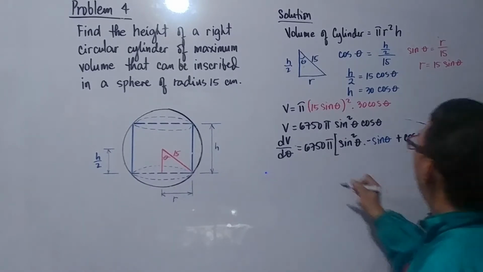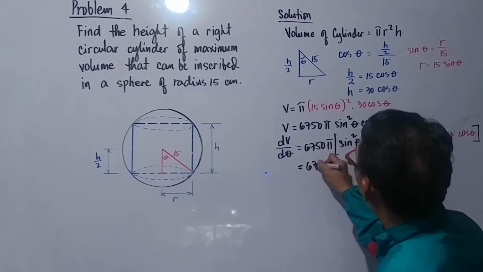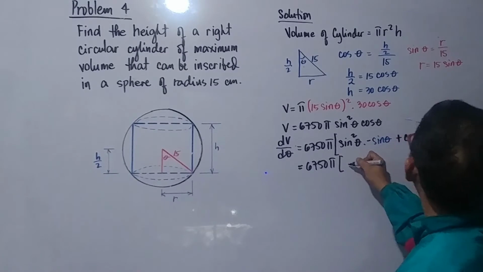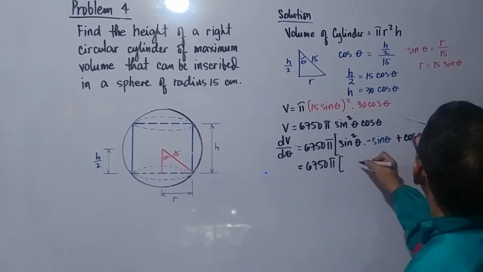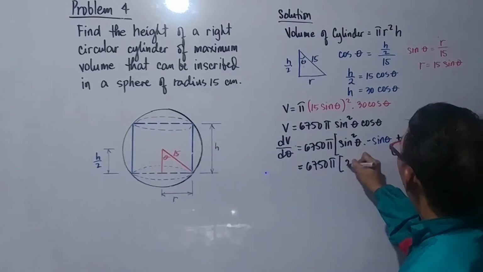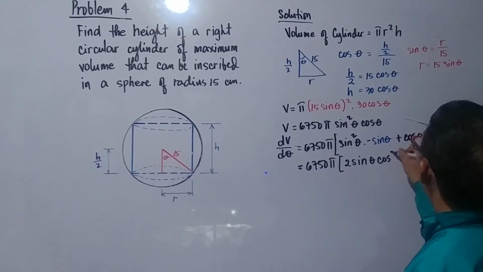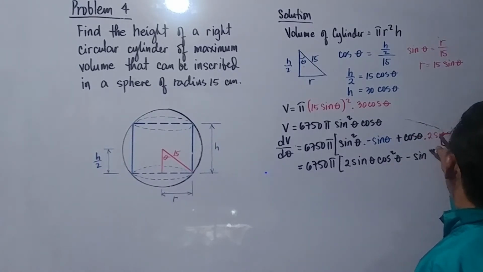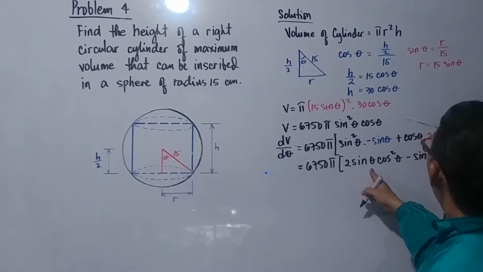So, we have now 6750 pi times negative sine cubed theta plus 2 sine theta cosine squared theta. Then, take out the sine.